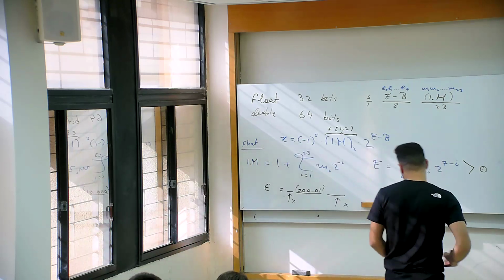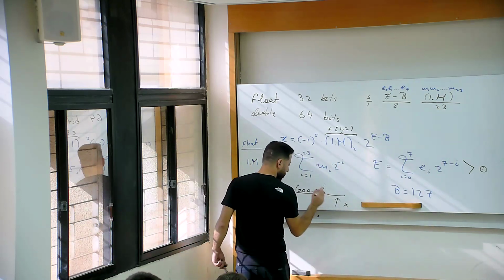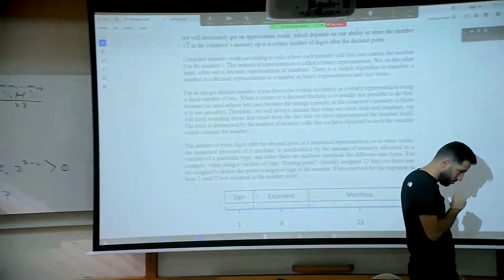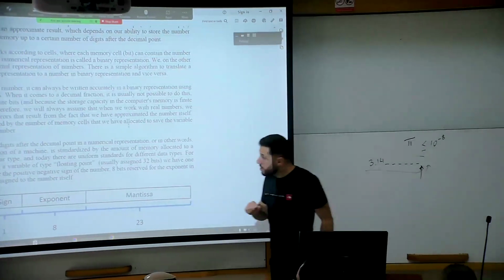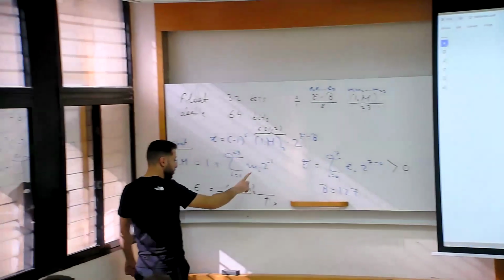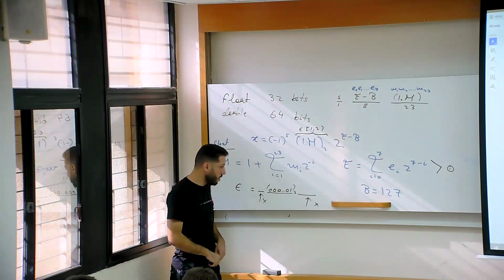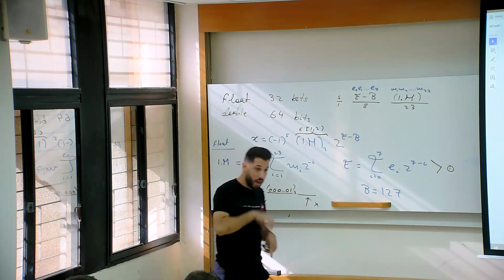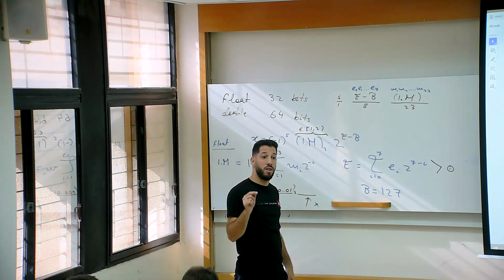And this is in binary. So this is 2 to the power of minus 23, but multiplied by something. That's the error of the value.